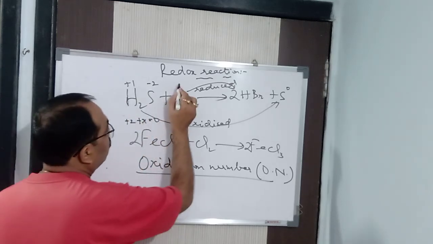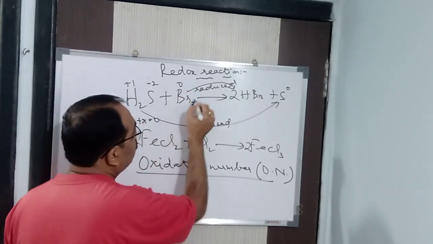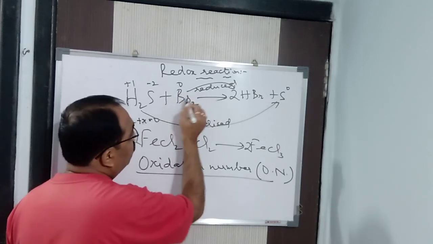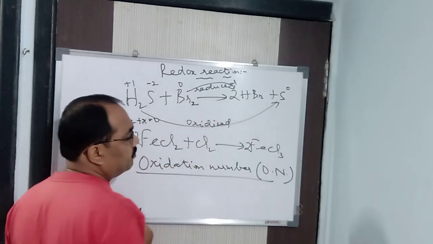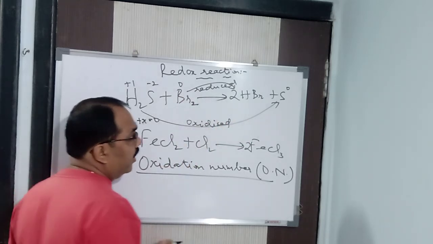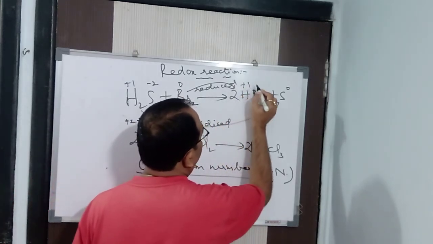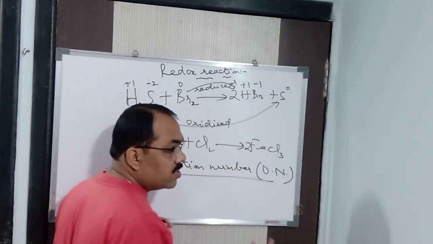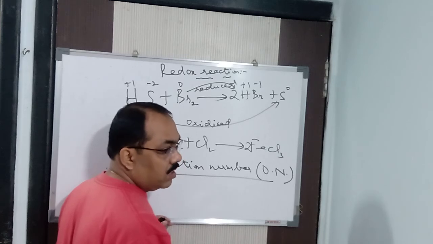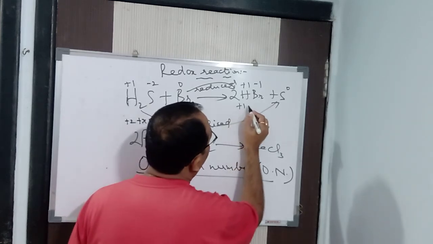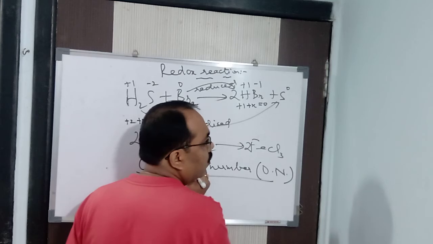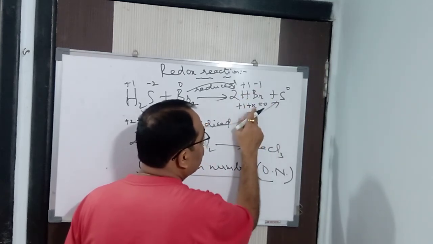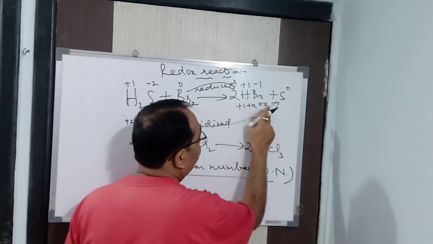So here Br2, the oxidation number is 0 again because it's a neutral molecule. Now for HBr, for H it is +1, so Br has to be -1, because +1 -1 then only it will be 0, since the compound is neutral. If you don't understand, I'll do it this way: +1 plus x equal to 0, so x equals -1.